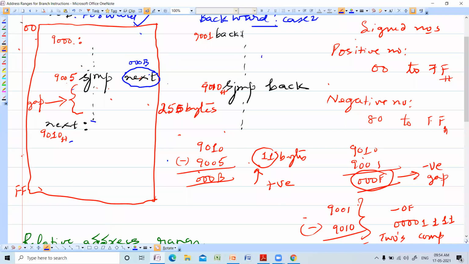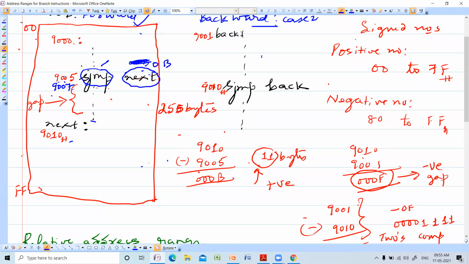So what is the next address here? 9005. This is 1 byte, and this is 1 byte. This is just 0B after machine code generation. So totally 2 bytes, so the next address is 9007.